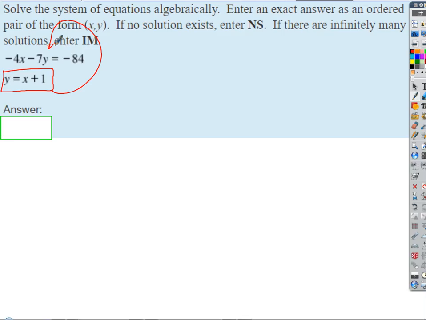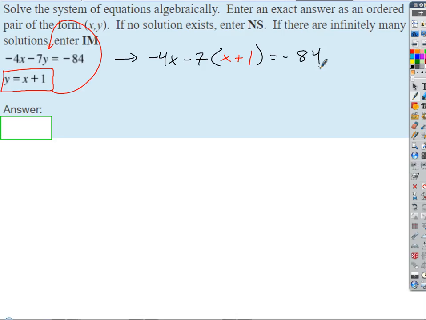So what does the first equation become then? -4x minus 7 times y, but instead of y, we're substituting x plus 1, equals -84, right? And that's simple from there. I've only got one kind of variable now. By substituting for y, we've eliminated the variable y from the equation, and now we've only got x to deal with, which makes it simple.